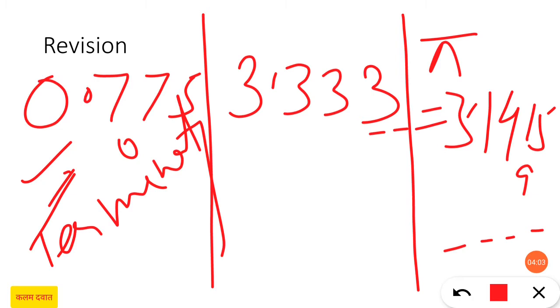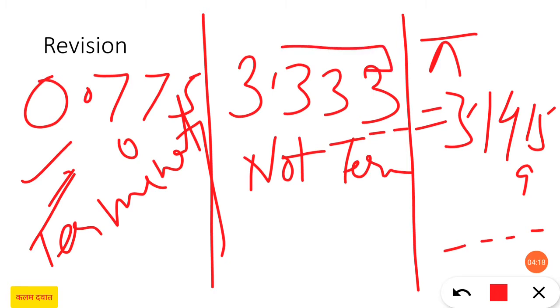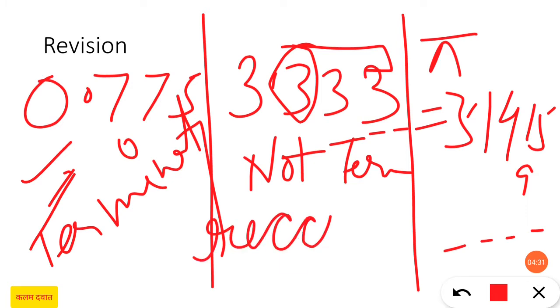In the second case, the decimal expansion is not terminating, meaning the remainder keeps coming one after another and this goes on and on without any end. So this is called non-terminating. But there is a pattern, a number which repeats itself one after another, so it is recurring. Therefore this type of decimal expansion is called non-terminating recurring.